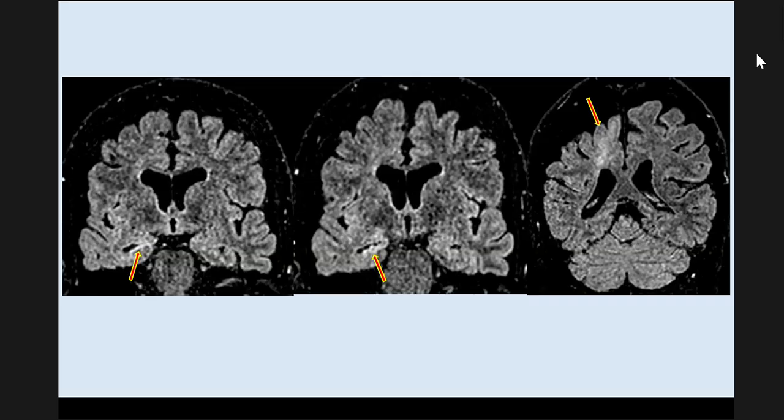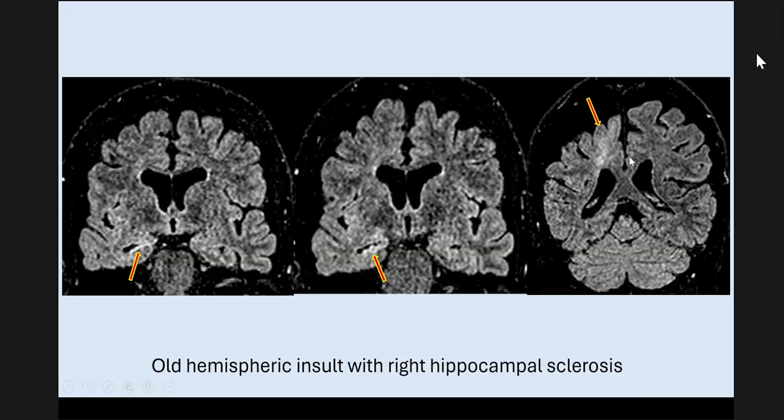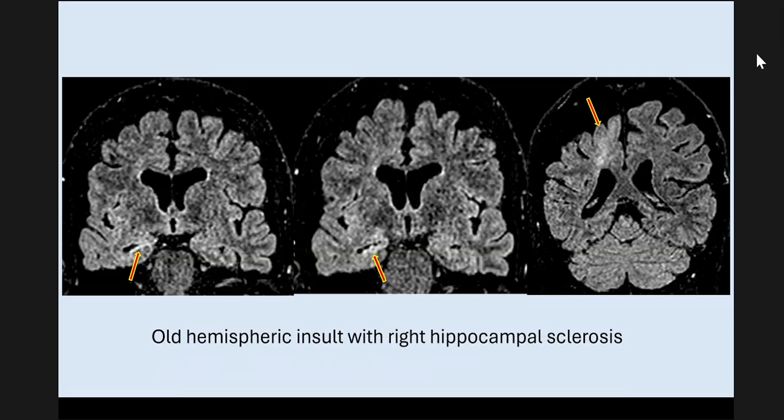And these are coronal T2 FLAIR images from a volumetric FLAIR sequence, and you can see very nicely the atrophy of the right hippocampus. It's almost like a pancake, very much flat. And of course, the changes which we saw in the right cerebral hemisphere. So there is old hemispheric insult, and in addition, there is right hippocampal sclerosis.